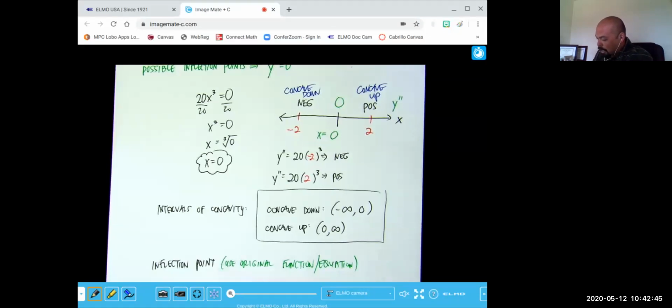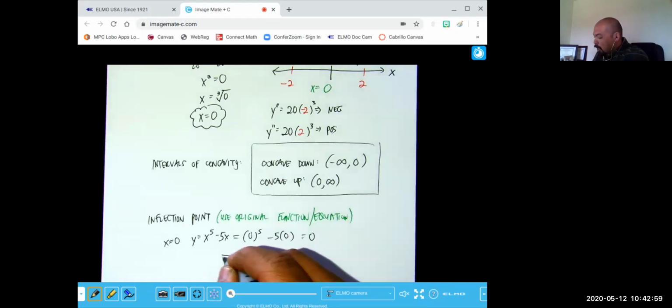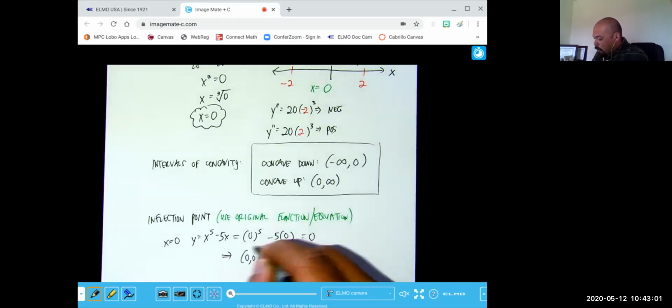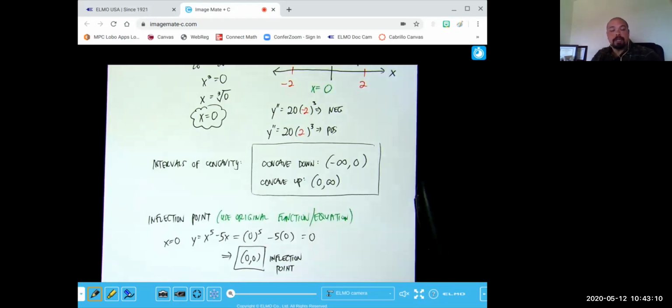We've already calculated that, but just to reinforce, we're getting 0 there, pushing that up real quick. So our inflection point, the same as our y-intercept, as one of our x-intercepts, the origin 0, 0. Again, we'll kind of race through those different steps and getting those components, those different attributes.